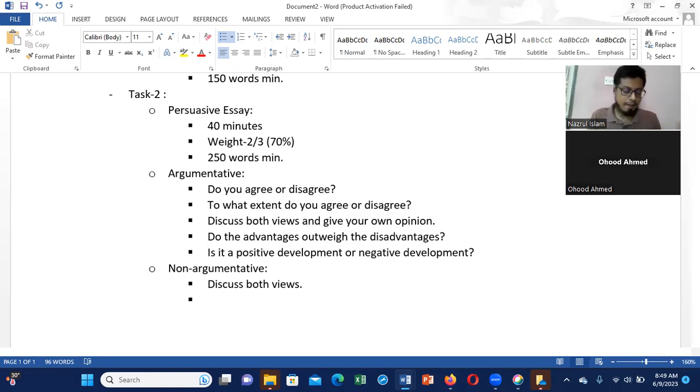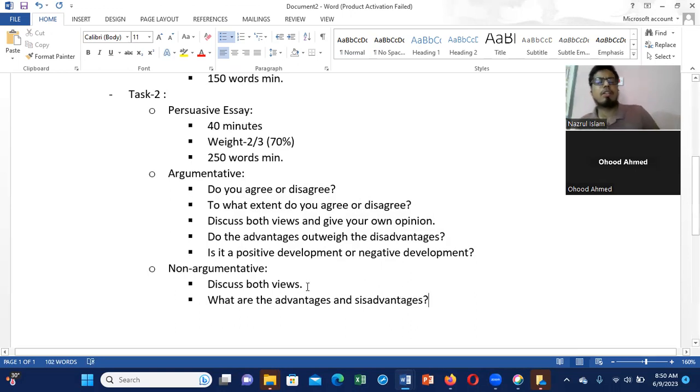Then you can see what are the advantages and disadvantages. There are some people who separate these: advantage and disadvantage, problem and solution, opinion.